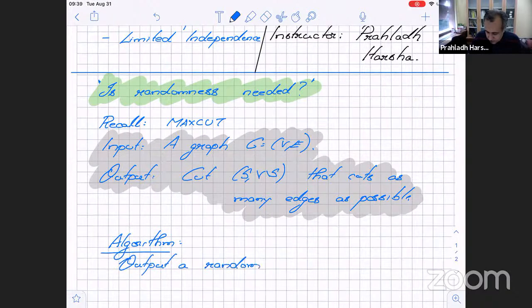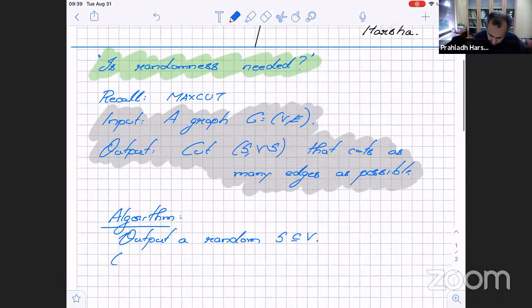A random set among all subsets of vertices. What does that mean? More formally, I'm just going to be a bit pedantic about it. For each vertex v in V, let's toss a coin.